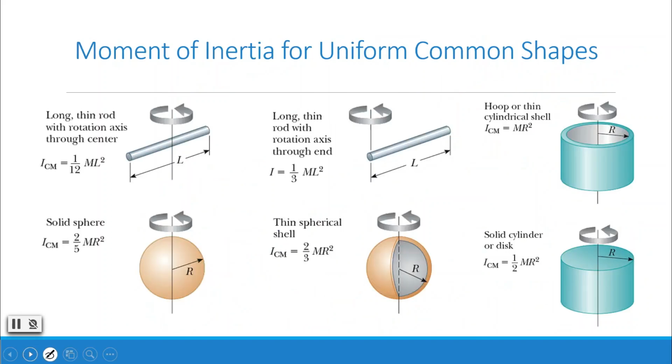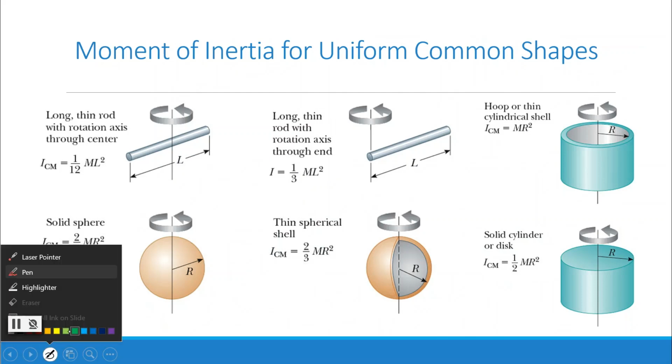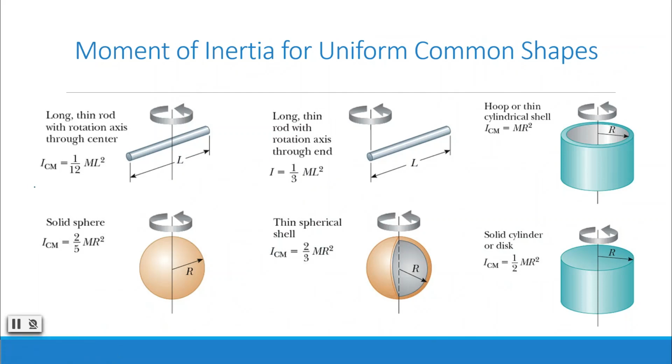So very similar problems. Now, a lot of these formulas are known formulas that you can just look up. So for example, when you rotate a long thin rod about its center of mass, it's 1/12 mL squared. Hey, we did that right. Isn't that amazing? If you rotate that same rod about one end, you get 1/3 mL squared.